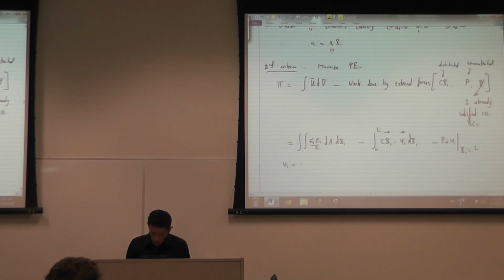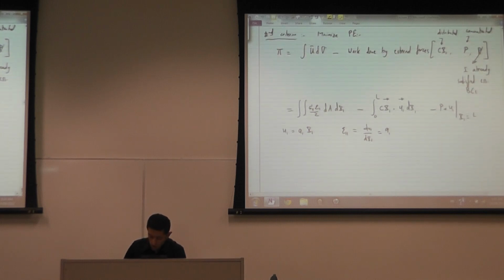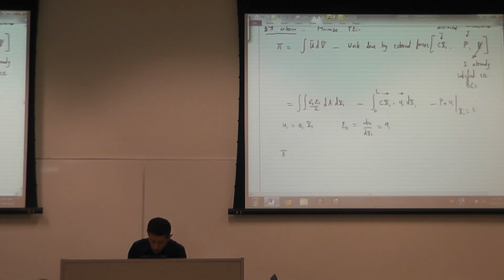I'm going to use that u1 is equal to a1x1, which tells me that epsilon 1, which is du1 by dx1, is a constant. I'm assuming a constant strain beam. Potential energy of the system will be equal to, now sigma 1 is equal to E epsilon 1, which is equal to E a1.